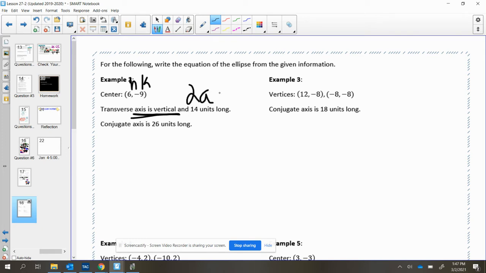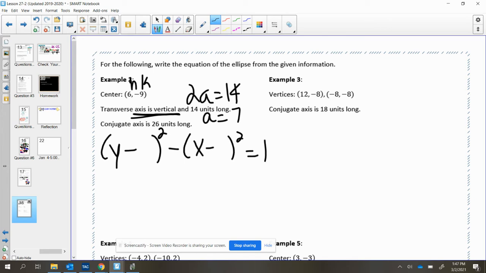So 2a, the length of that is 14, so a is going to be 7, and since it's vertical, we know that our y value will be coming first this time. X value is second, and then that's going to equal 1. And then we have here that h and k, reminder, go with x and y respectively. So it's going to be minus 6 here, and then negative 9 means minus negative is plus 9 there. So we have 7 squared here.